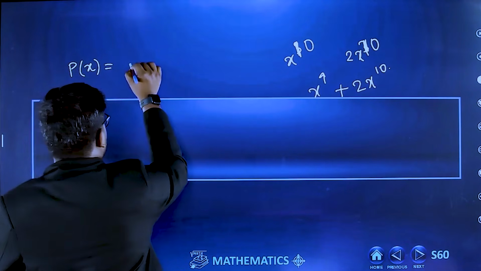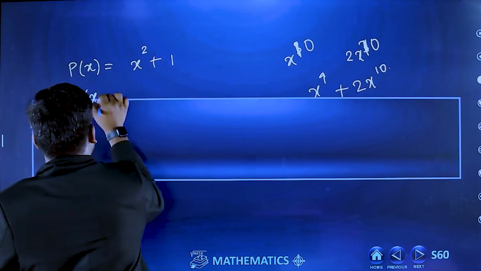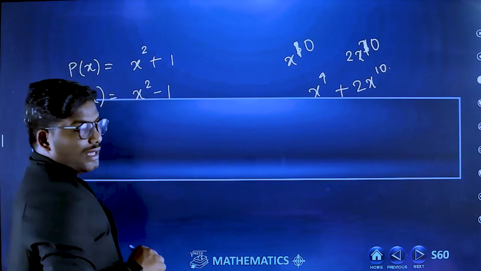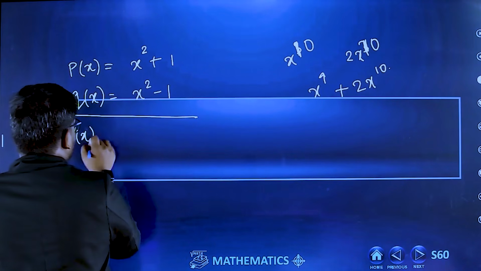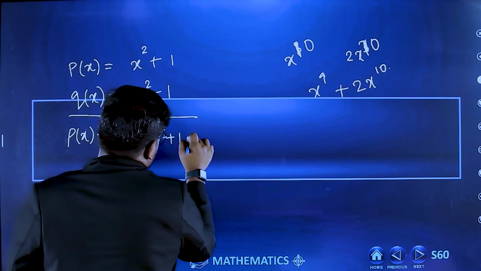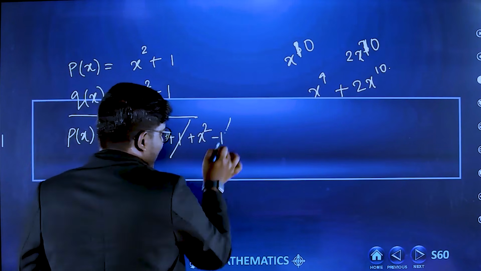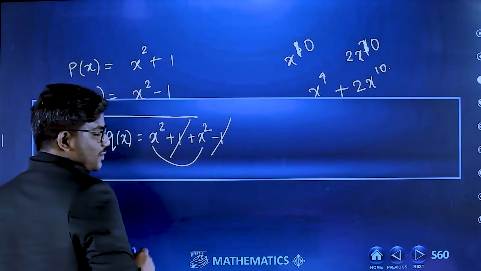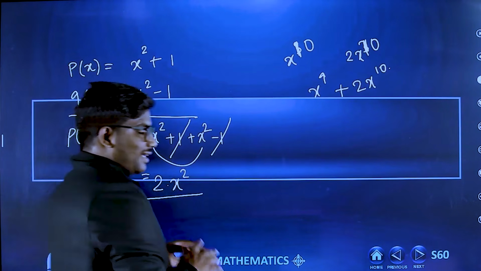Now p of x is x square plus 1 and q of x is x square minus 1, I can add them and say p of x plus q of x is x square plus 1 plus x square minus 1, plus 1 and minus 1 will get cancelled. Now it is x square plus x square, right? So that becomes 2 times x square. We can add it in this format.